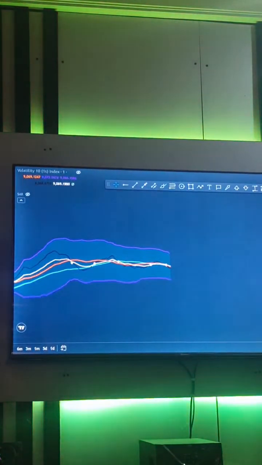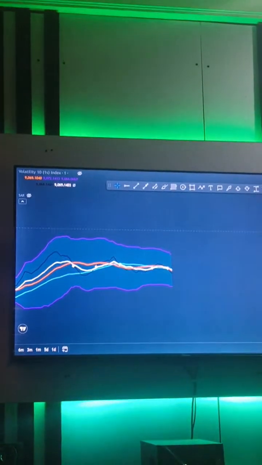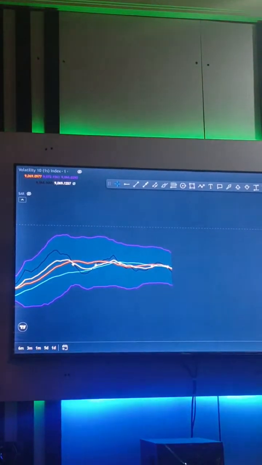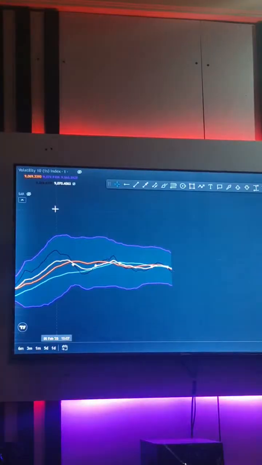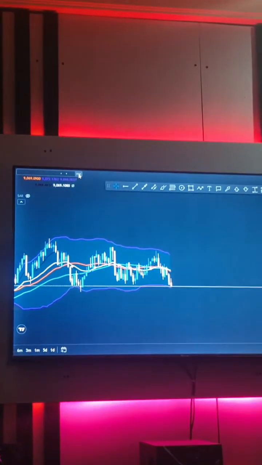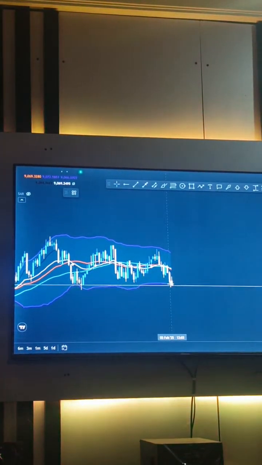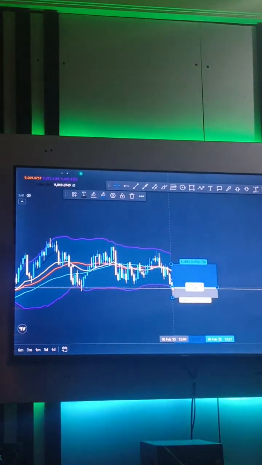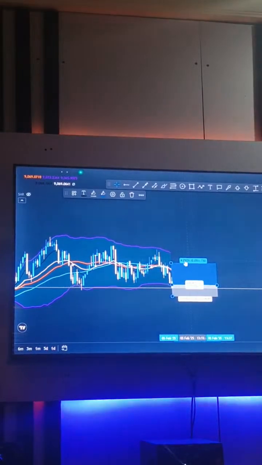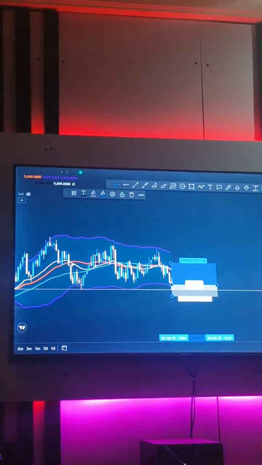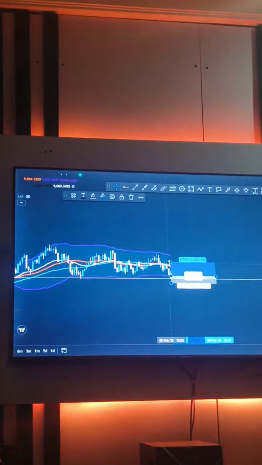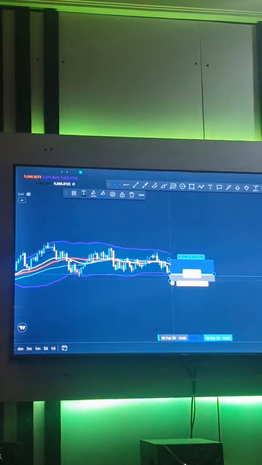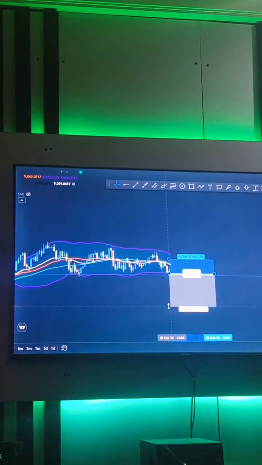Okay, I think we got the same thing here. We got the same setup again on VIX10S. I'm going to be entering this one also. One ratio 2, just 1:2.